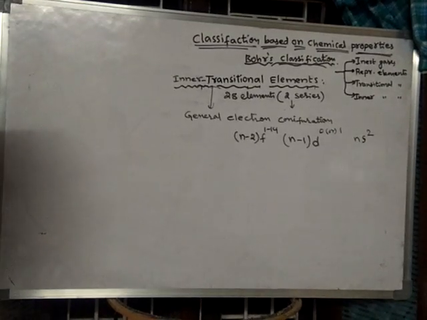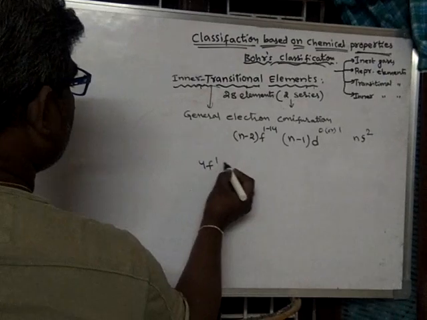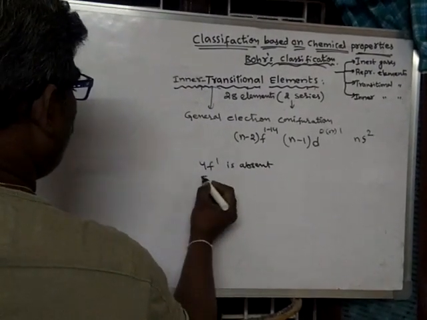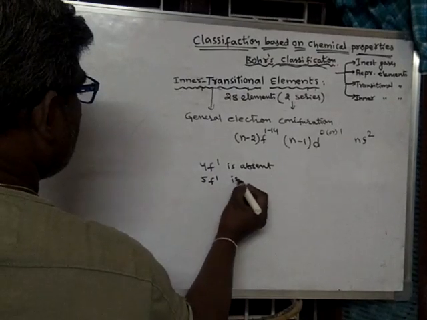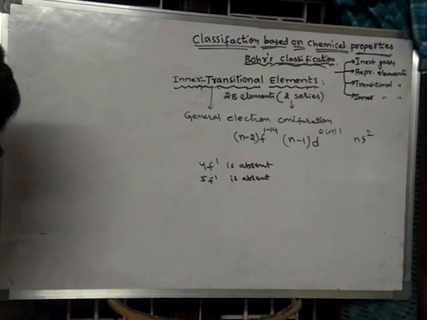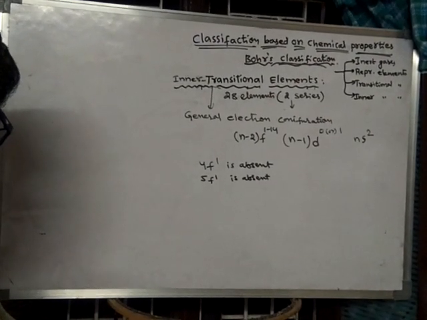So in these elements, 4f1 is absent, 5f1 is absent. Okay, so like this.